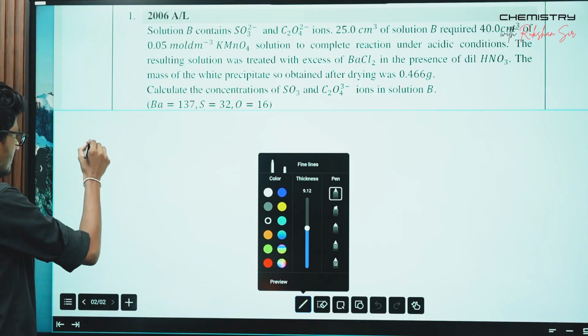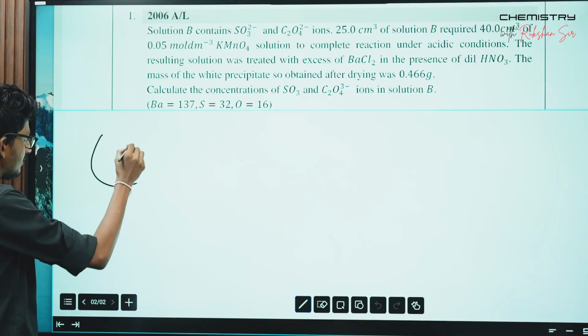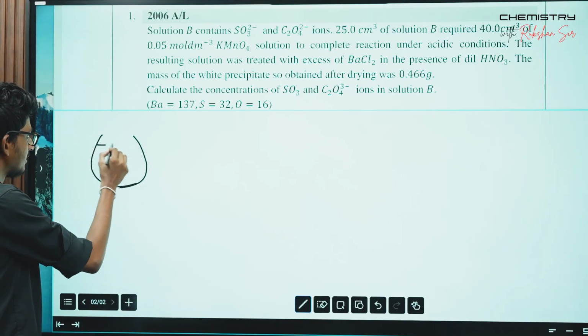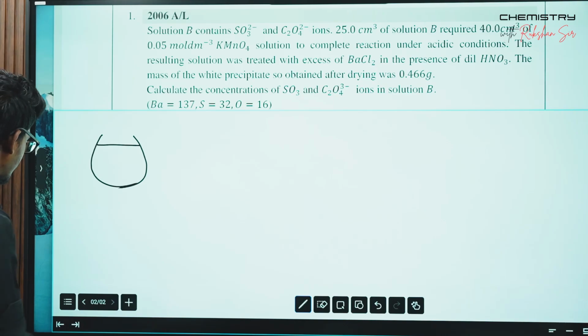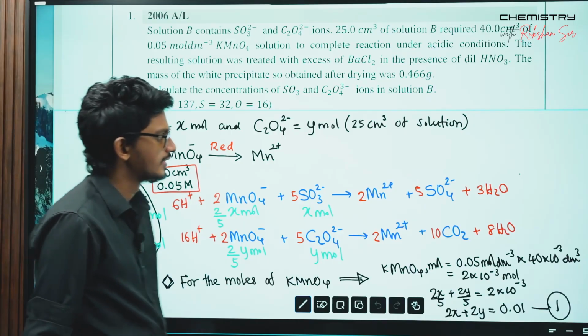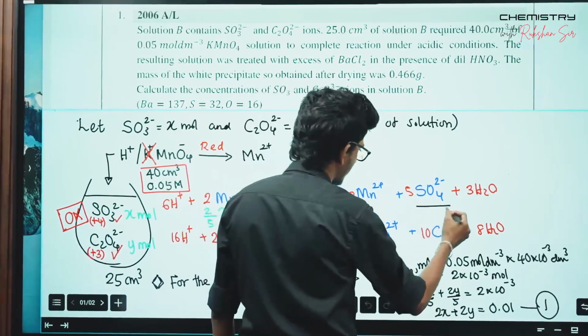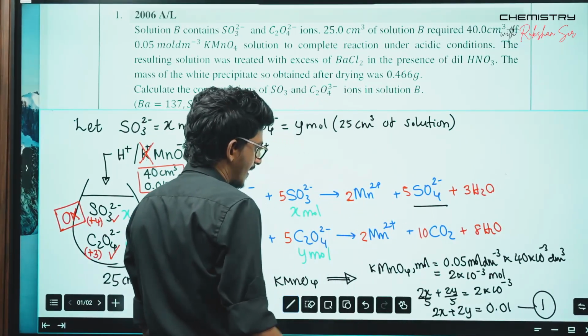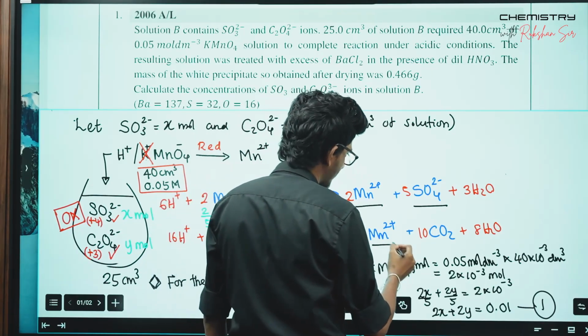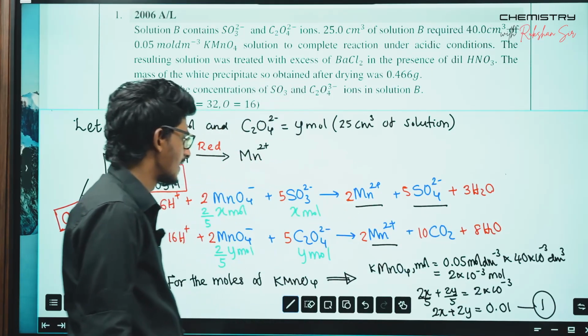So the resultant solution looks like this. What are the things in the resultant solution? From this reaction you had produced some sulfate ions and Mn2 plus ions. Those are the ions in the solution after this reaction.